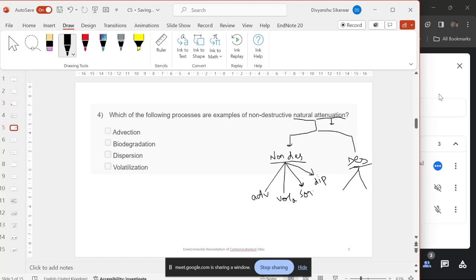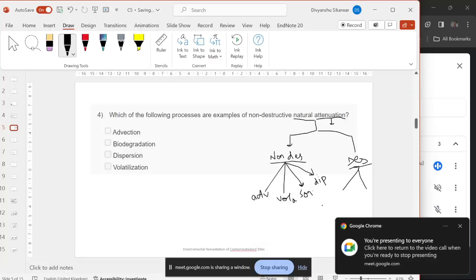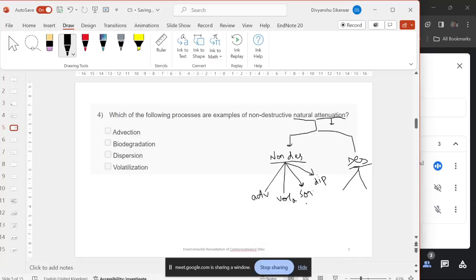Nirupa, what do you think? Can you define these different terms? Advection, volatilization, sorption, dispersion.